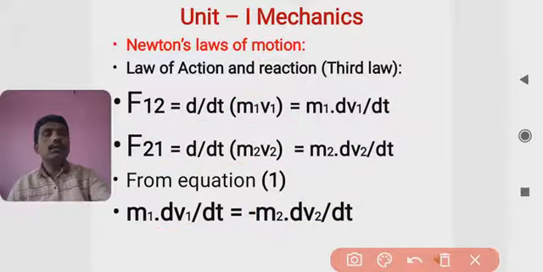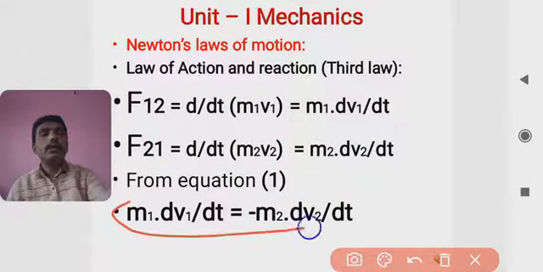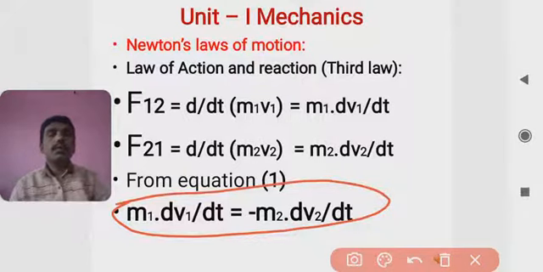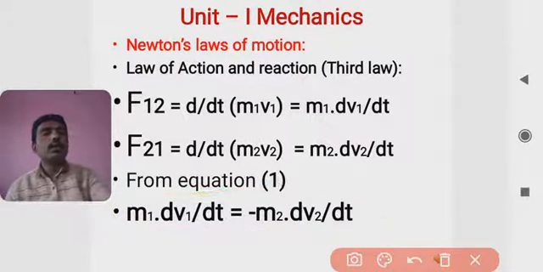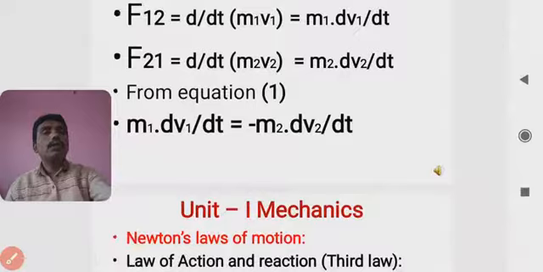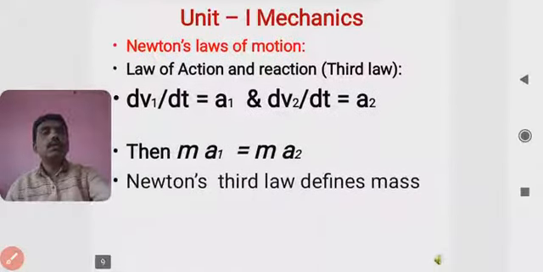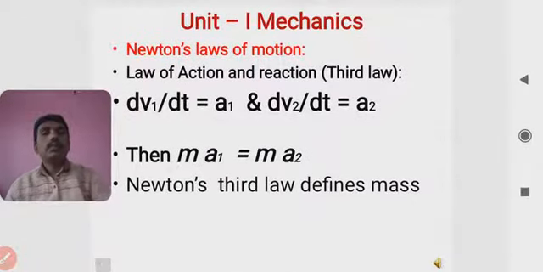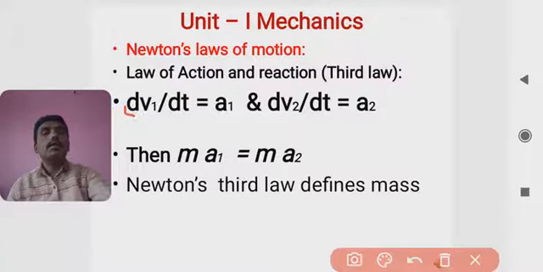So this relationship we can write in this fashion as far as we are aware of it, that mass into acceleration part is there. So moving forward, again putting these relationships in detail, as we are aware that m into dv1/dt is nothing but a1, and m into dv2/dt is nothing but a2.